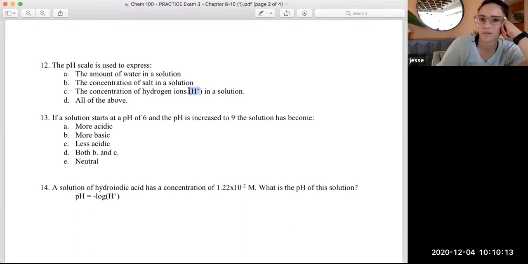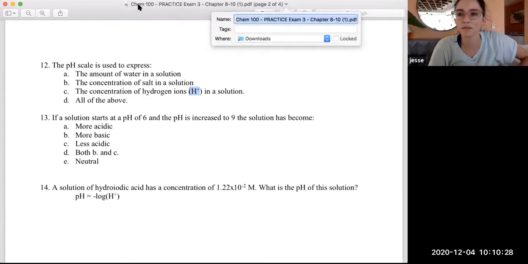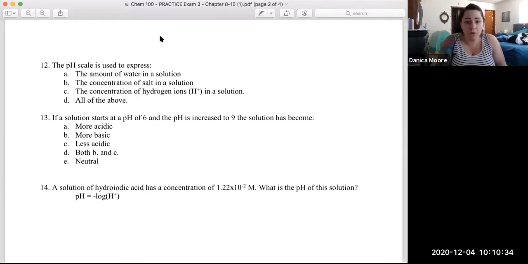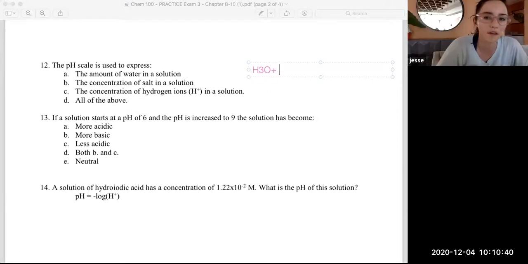It always sticks to a water molecule, and when it sticks to a water molecule, that's when you get H3O plus. Does that make sense, Jesse? Yeah, I didn't even realize that. But it might not always be in water? No, it will always be in water. Acid-base chemistry is 100% of the time in water. Okay, thank you.